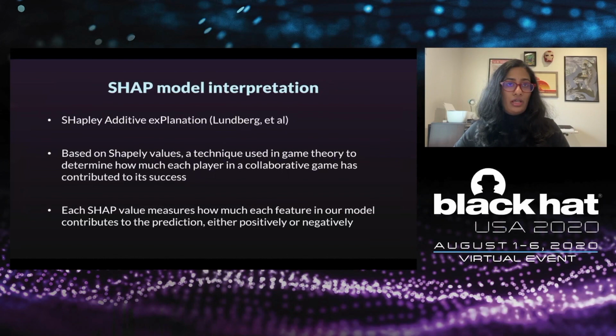It's based on the Shapley values technique used in game theory to determine how much each player in a collaborative game has contributed to its success. Here, each SHAP value measures how much each feature in our model contributes to the prediction, either positively or negatively, right?